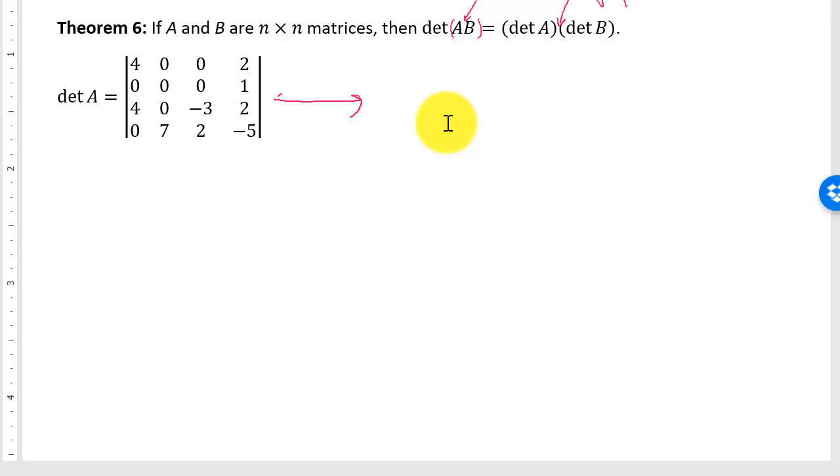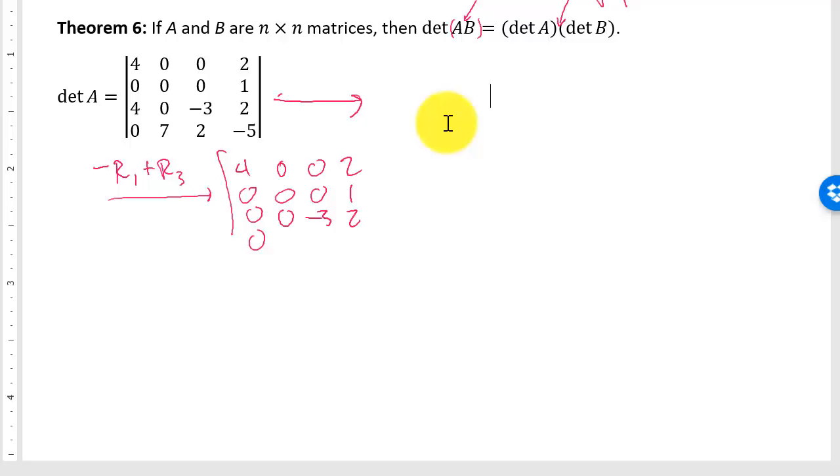So A is equal to this. What if we do a row operation where we, well, let's do the row operations that we did earlier. Let's take row 1 and multiply it by -1, add it to row 3, and then what we get there is 4, 0, 0, 2, 0, 0, 0, 1, and 0, 0, minus 2, and then 0, 7, 2, -5.